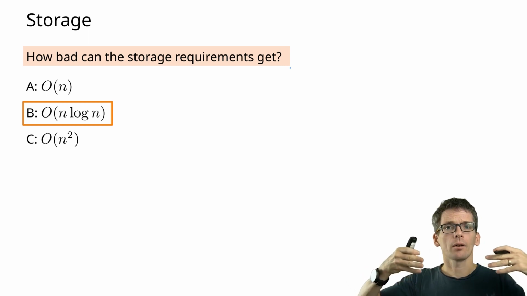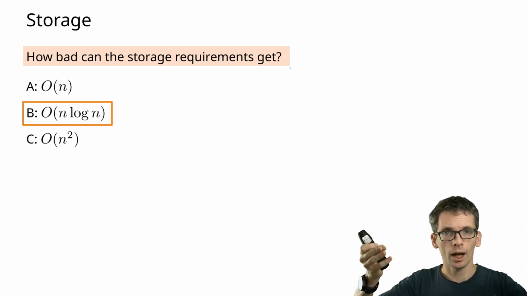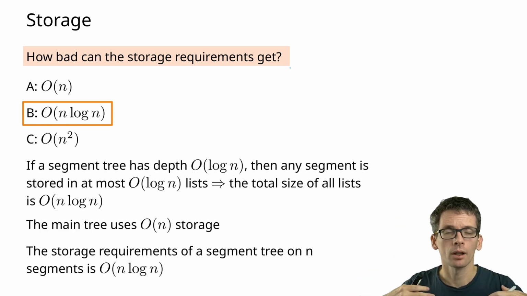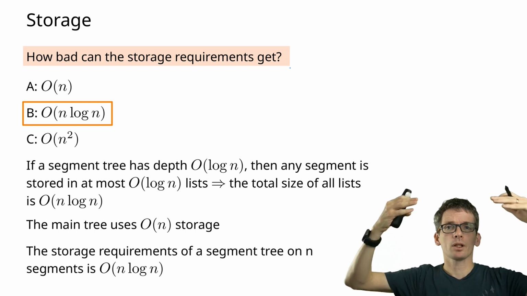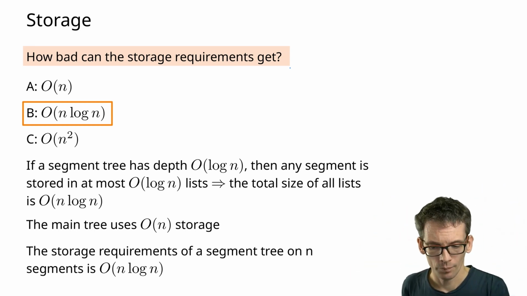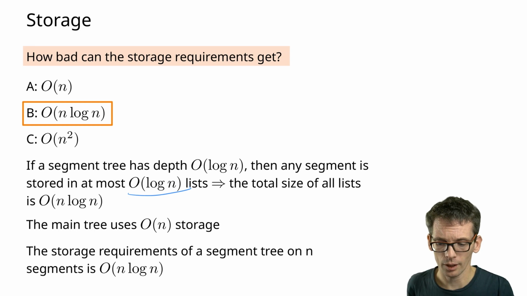Because I'm storing every segment per level at most 2 times. I have log n levels, so every segment can be stored at most 2 times log n times. So every segment 2 times log n is still order log n. So every segment is stored at most order log n times.